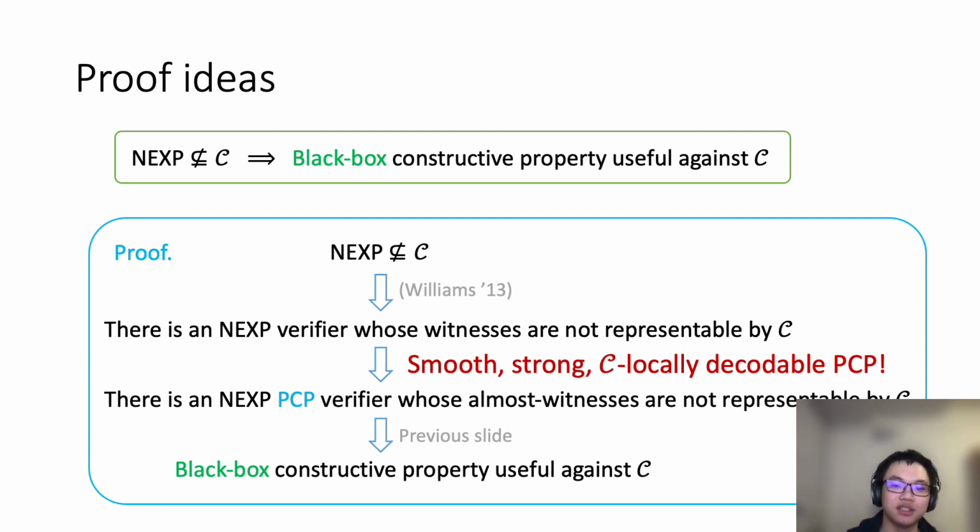And we are indeed able to construct such PCPs. The construction is so technical that I will not go into details. But the point is, with the construction of such PCP and this observation that such PCP system preserves witness lower bounds, we are done.